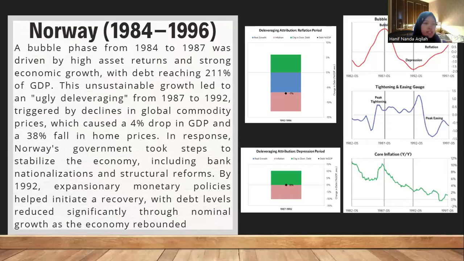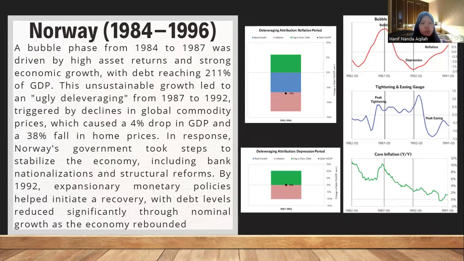The next is Norway, from 1984 and 1990 until 1996. Its bubble phase from 1984 to 1987 was driven by high asset returns and strong economic growth, with debt reaching 211%, or more than 100% of GDP.